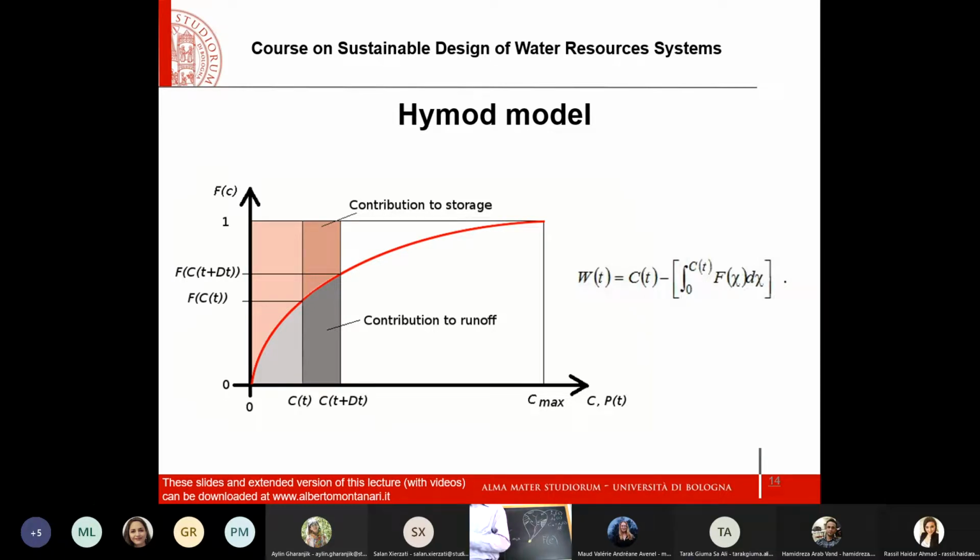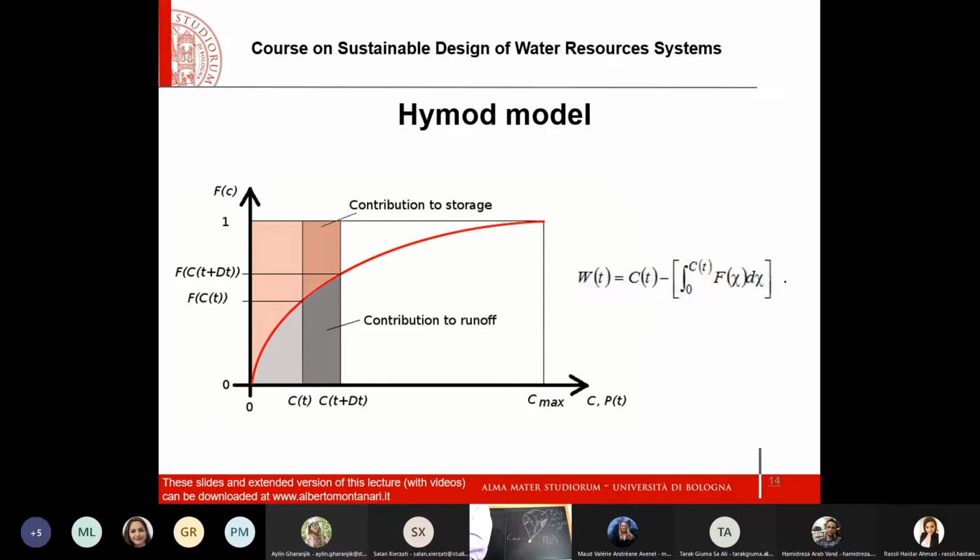Okay, and then I can get a new fraction. The new fraction is F(C(t+dt)). Now, the difference between C(t) and C(t+dt) is rainfall in time dt. Okay, rainfall in time dt.